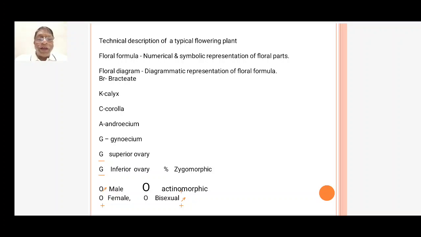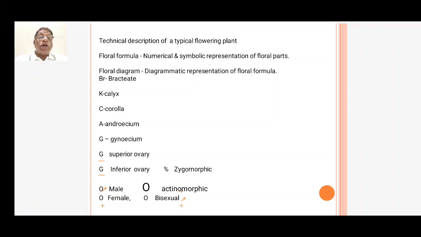In this way, we systematically study. Calyx: how many sepals are there, whether free or fused, that is gamosepalous or polysepalous, and what type of aestivation is there.